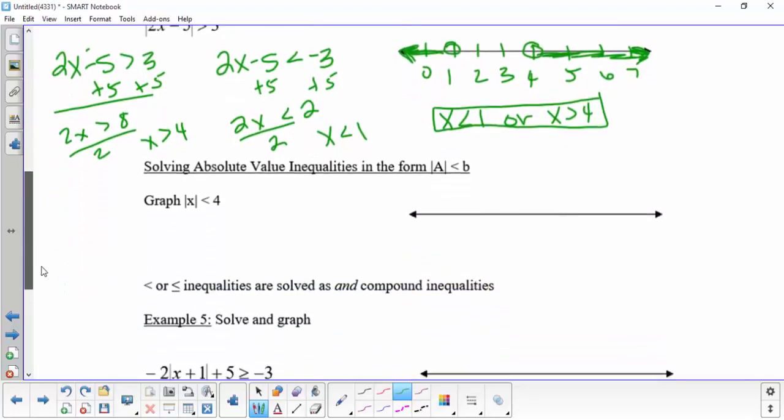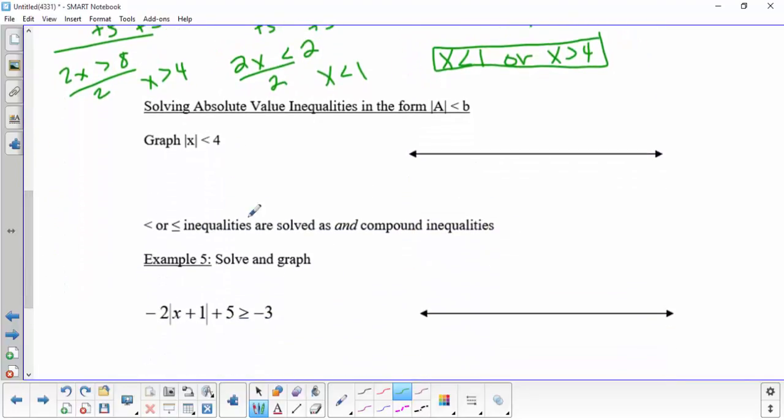If we're graphing a less than inequality, if we want to graph the absolute value of x is less than 4, so on my number line, I'll once again go by 2's. So now I want all the distances that are less than 4 away from 0.